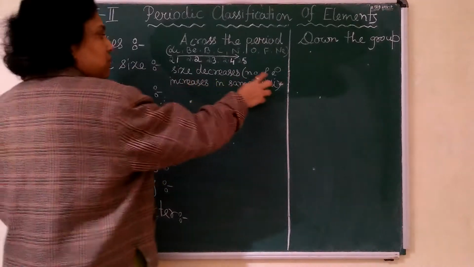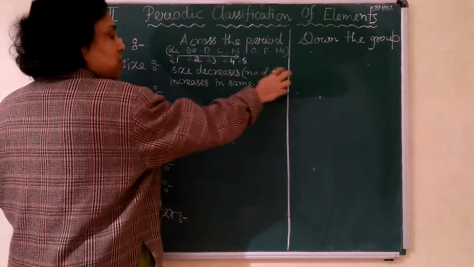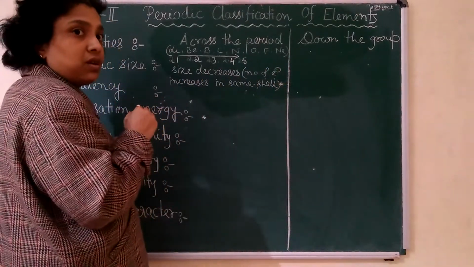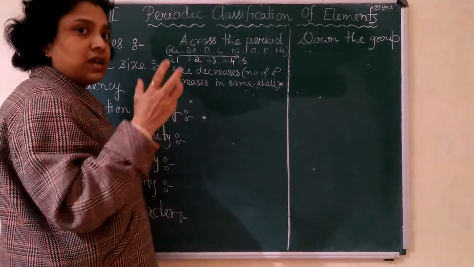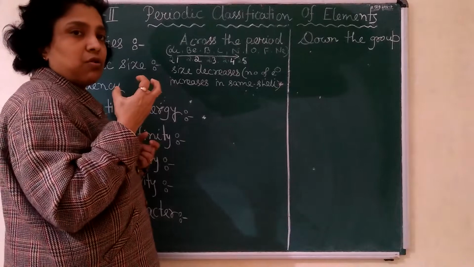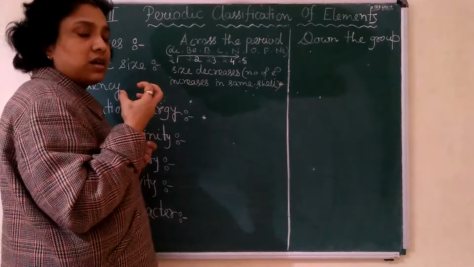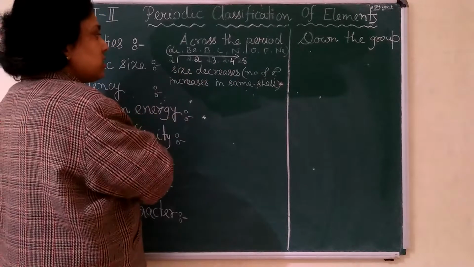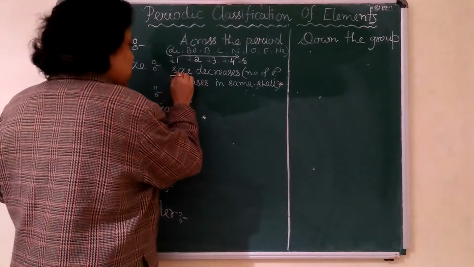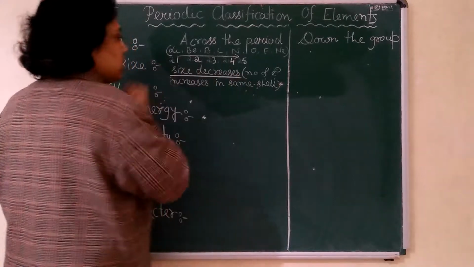You can write effective nuclear charge increases in the same shell, and due to that reason the force of attraction towards the nucleus will be more, and as a result size decreases. So here I will underline size decreases.